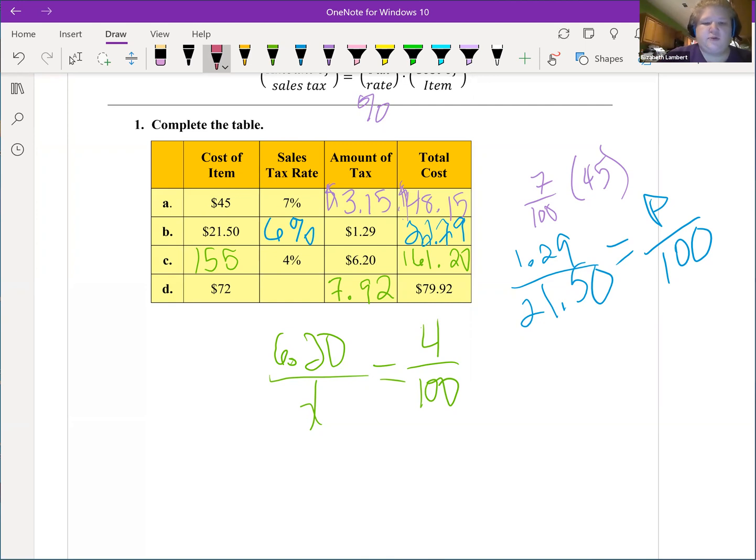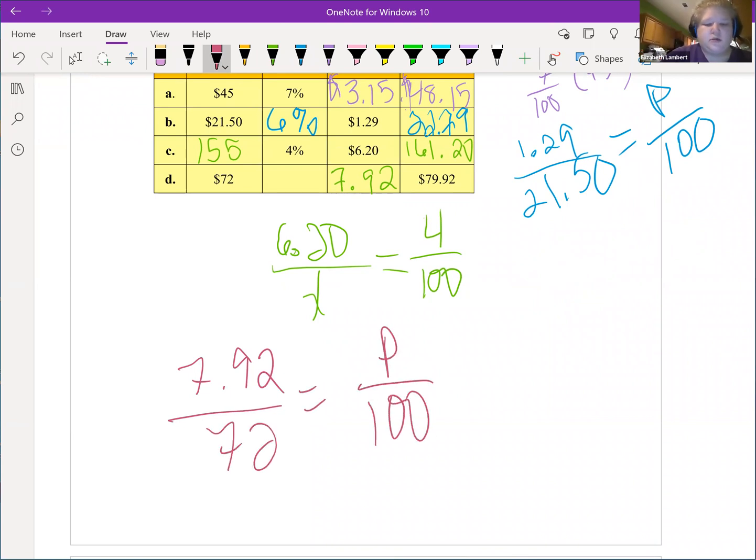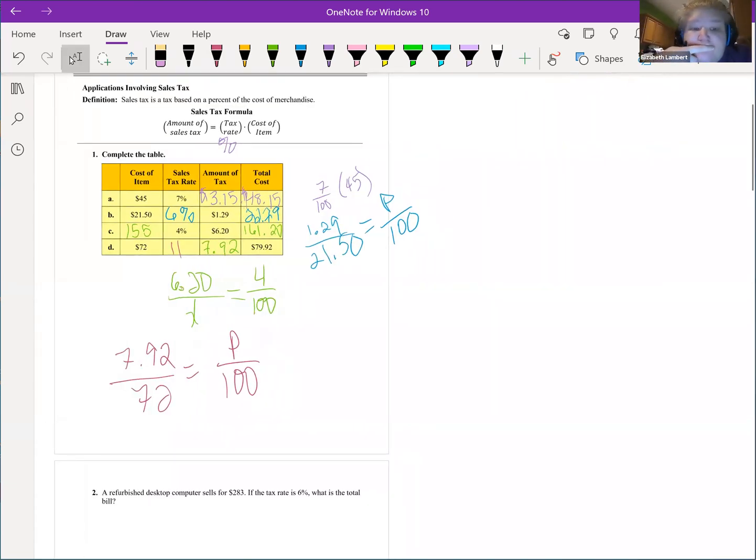So that is going to be 7.92 over 72 equals P over 100, times 100 divided by 72, 11%. I believe ours here is 8 1/4. Just thinking out loud. All right, but that is how sales tax works.